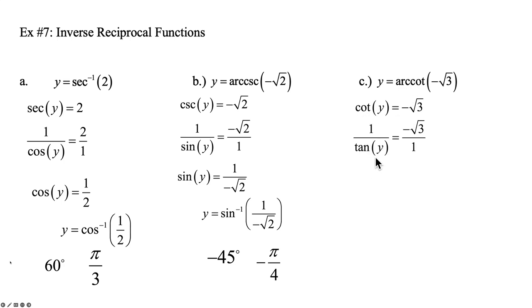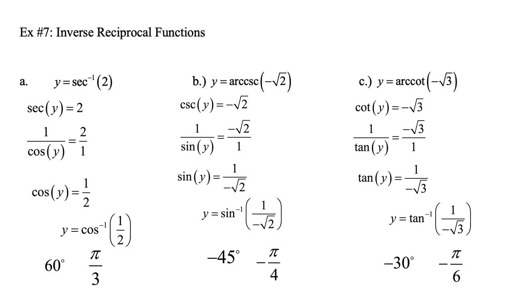Put in your 1 over tangent of y, put the 1 under your square root of 3, flip it, 1 over negative square root of 3, inverse tangent, there it is, that was my shortcut. So let's see, 1 over the square root of 3, that's the 30 degree angle for tangent. So it's negative, I'm looking at negative 30 degrees or negative pi over 6. All right, and that wraps up the rest of 4.1.